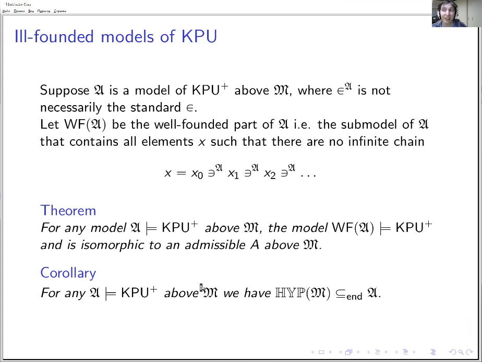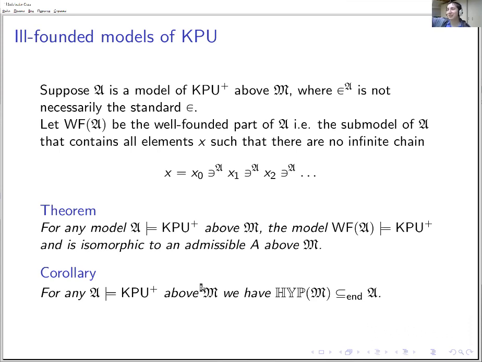However, if you had such an unbounded function, we would be able to apply collection to it in this ill-founded model, and this would give us a bound for this function that was unbounded in the well-founded part, and this will give us the suprema of all the ordinals.